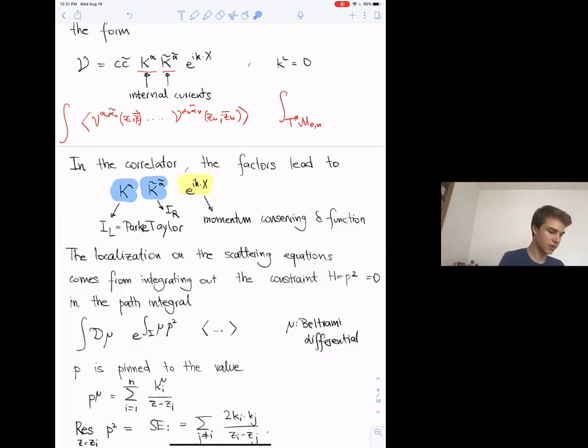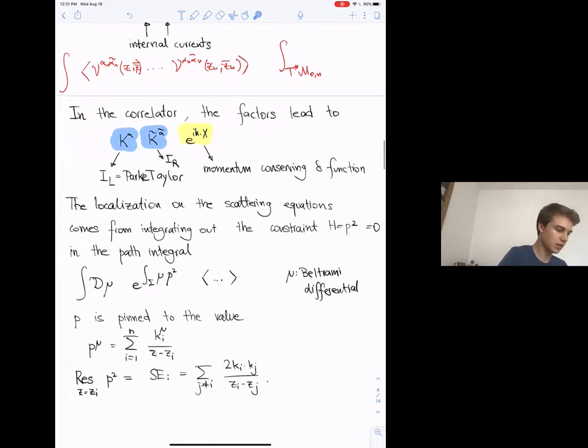Already now you see if you naively integrate that out, mu is just linear, so you can do it. And this P is pinned to a particular value in the theory. It's a free theory, so I can just put in what is the value of P. One easy way to determine it is that you can derive that P has the following OPE with these plane waves.